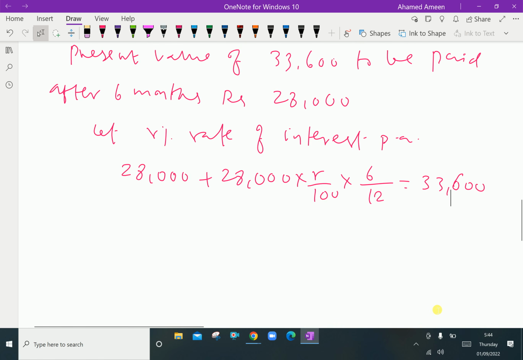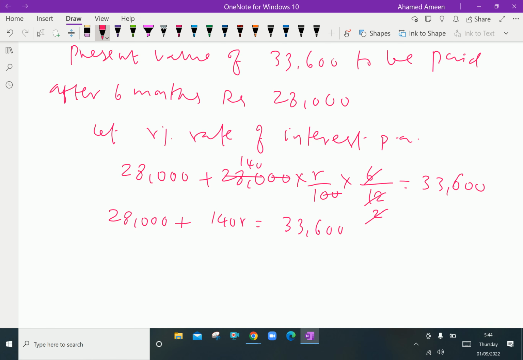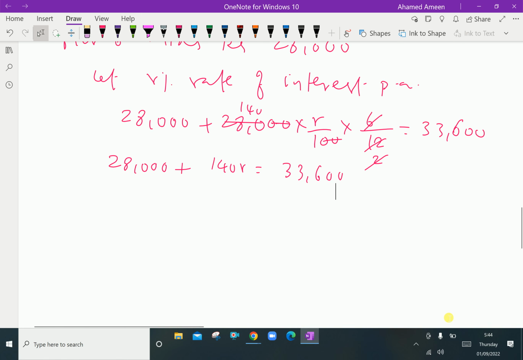We'll simplify this. This is 28,000 plus, cutting 2 zeros and cutting by 2, 140 R, which is equal to 33,600.